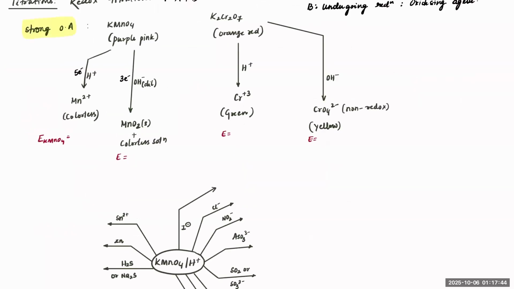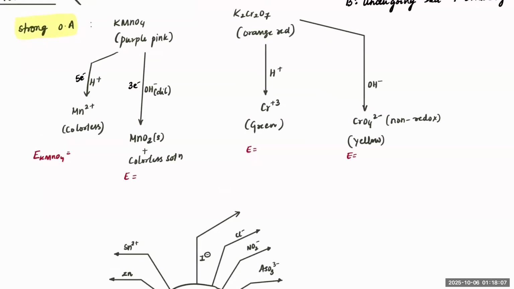Let's start with KMnO4. By nature it is purple-pink in color. It exists in crystalline form, and those crystals are purple-pink. KMnO4 reacts in acidic medium as well as basic medium.